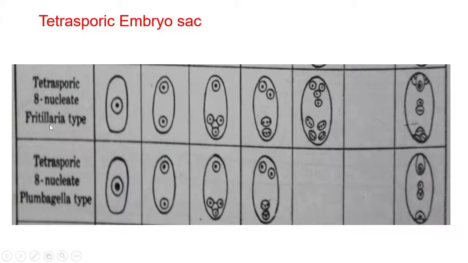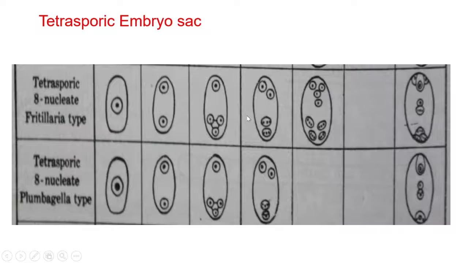Now in Fritillaria, what happened? This is the megaspore mother cell. These megaspore mother cells divide meiotically to develop the dyad without any wall formation. The dyad develops the tetrad, and all these 4 megaspores take part in the formation of the embryo sac.